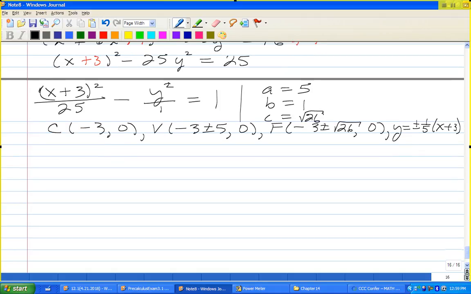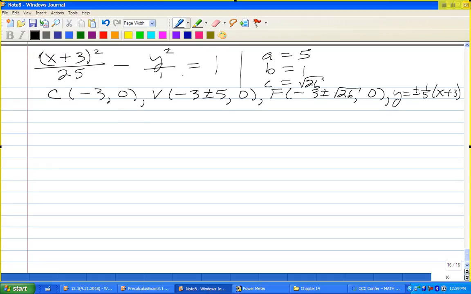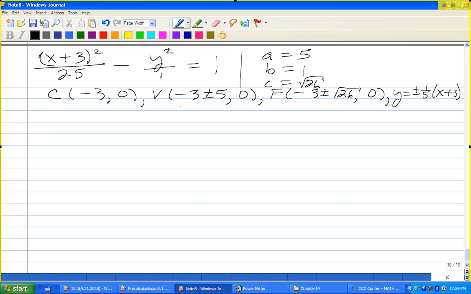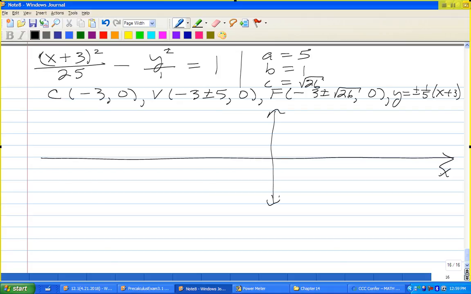Let's draw this. Okay, so x is at negative 3.